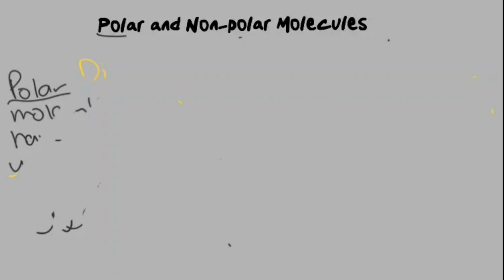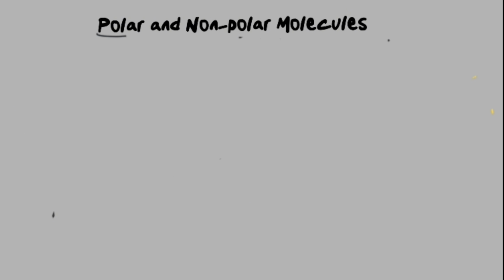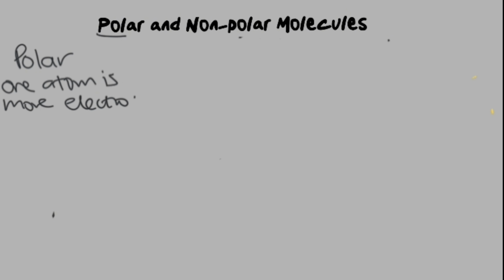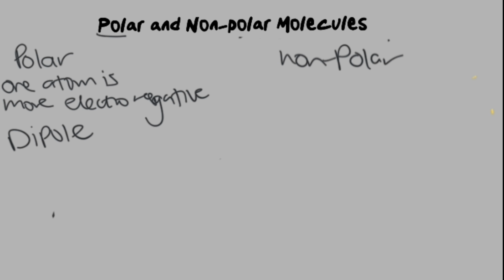Right, so let's just erase the board and go back to explaining this difference. Okay, so for polar, we say that one atom is more electronegative, and that causes a dipole, right? And then on my non-polar side, they are equally sharing.